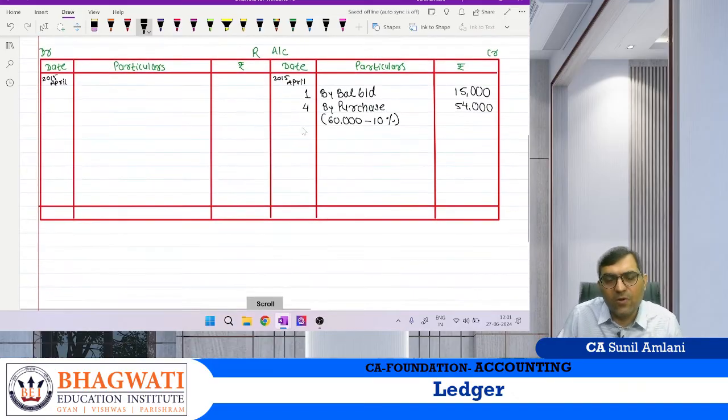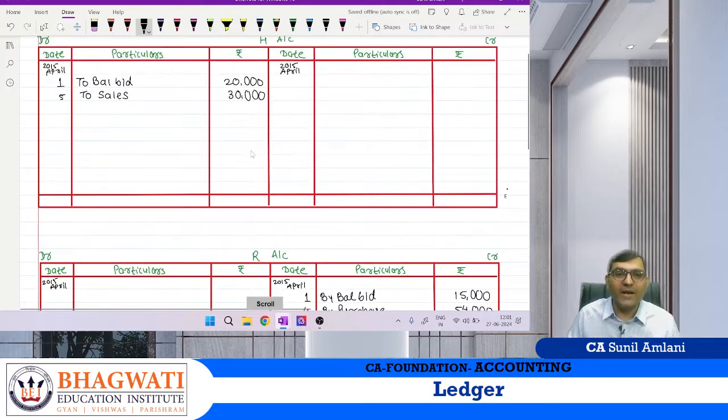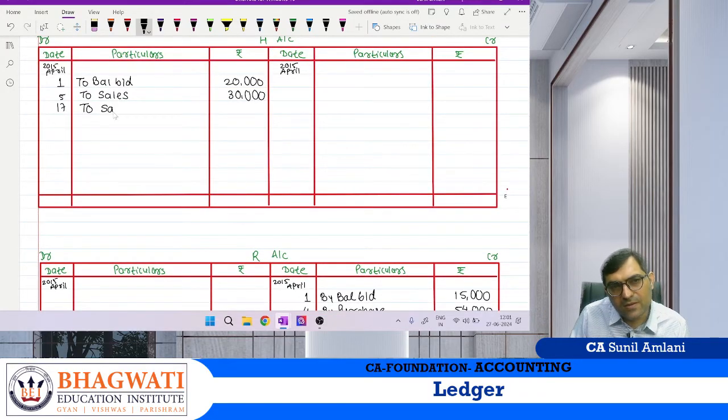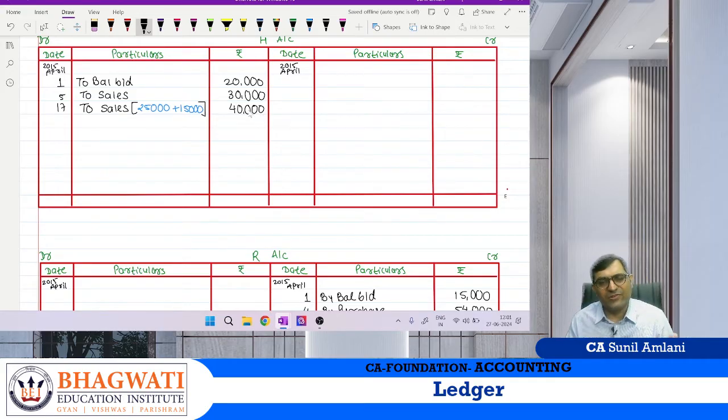So first we will record here by purchase account debit to R, 25,000. Okay, and then same date, 17th, to sales. Now it is actually sold at a profit of 15,000. Okay, so that means we must have sold these particular goods to H.